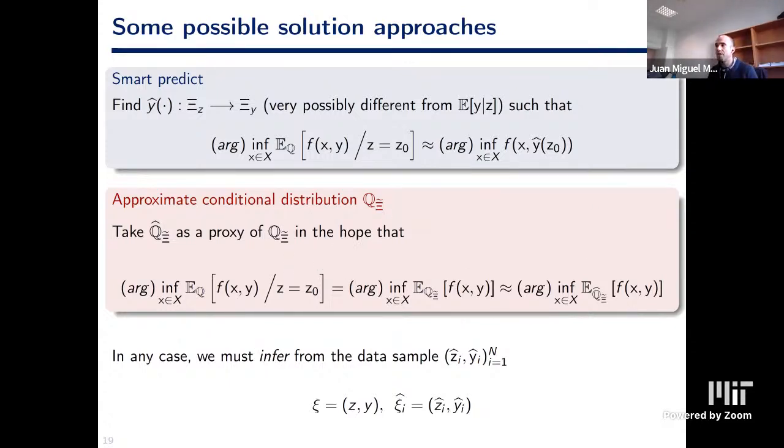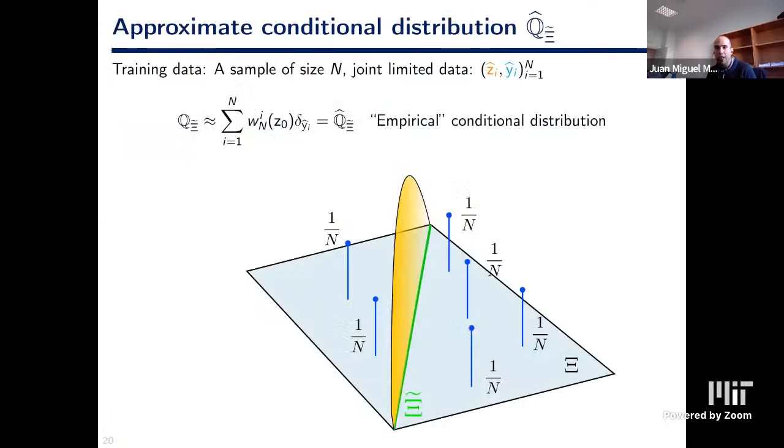Okay, so the challenge here is, where are we going to get that proxy from? Well, again, all that we have is a joint data sample, set i hat, y i hat. So the proxy has to come from this data sample, one way or another. Probably the most straightforward way to fabricate that proxy is to construct a conditional empirical distribution from the joint empirical distribution given by the data sample.